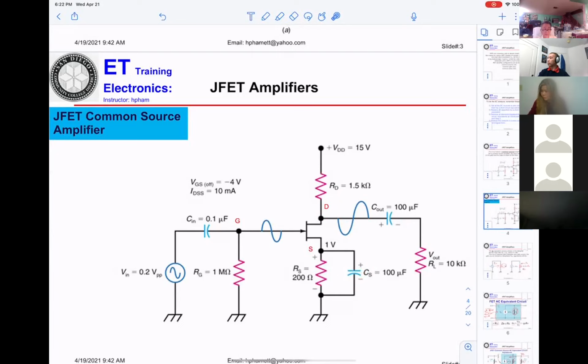If any AC signal is at the source here, the capacitor will be shorted to ground. So basically it bypasses RS, equal to zero ohm. That means AC current cannot go through RS. That's a bypass.